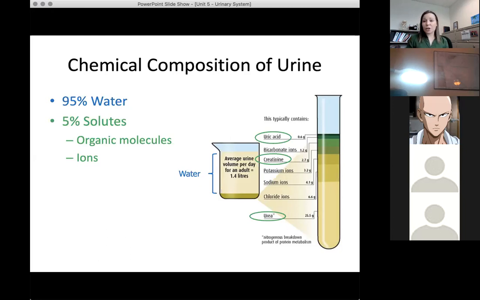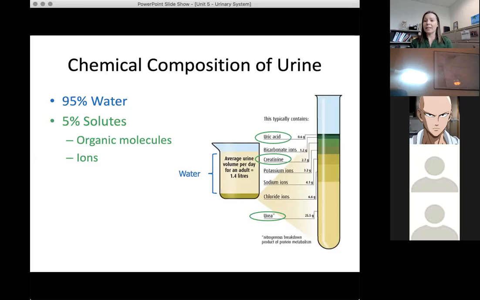The next one is uric acid, which is a byproduct of nucleic acid breakdown. So remember, nucleic acids are DNA and RNA. So if those DNA and RNA are being broken down, it's going to produce uric acid.